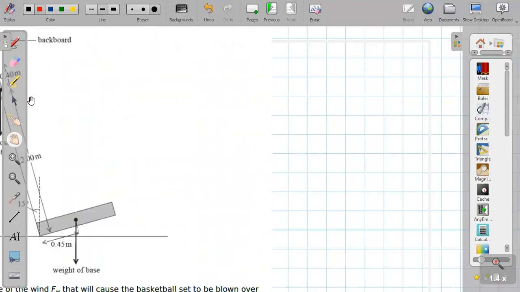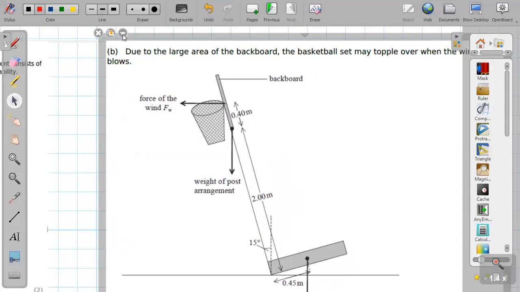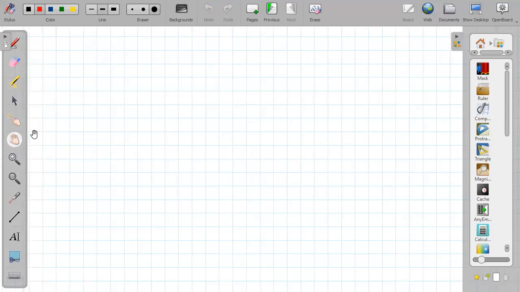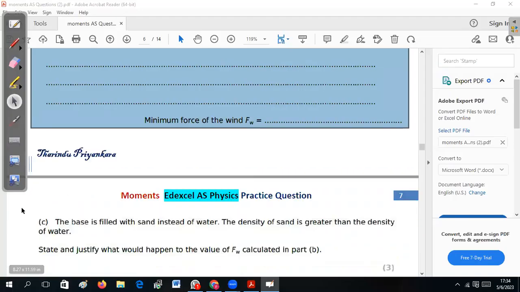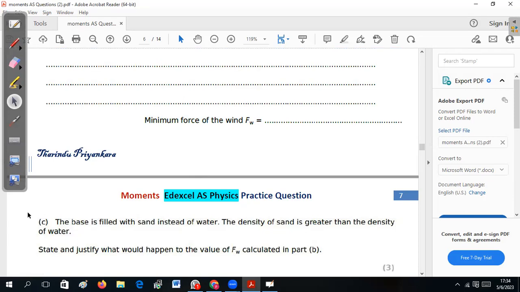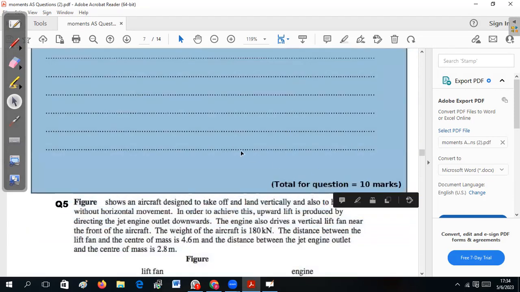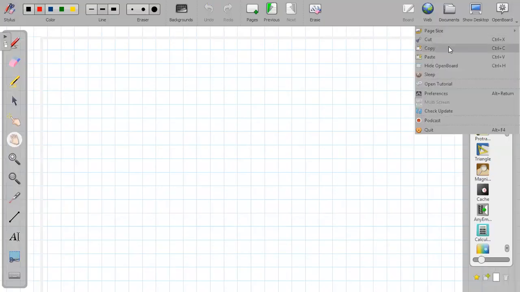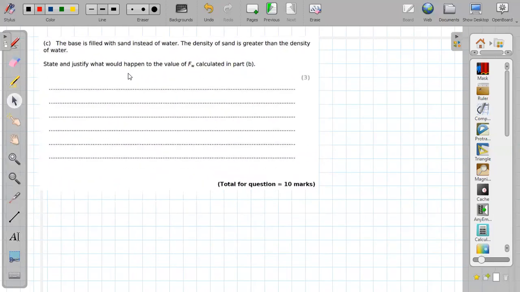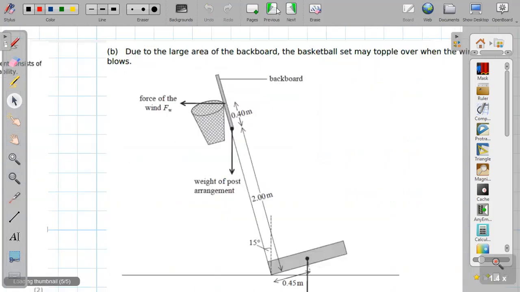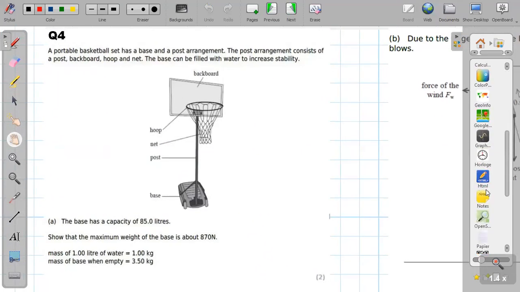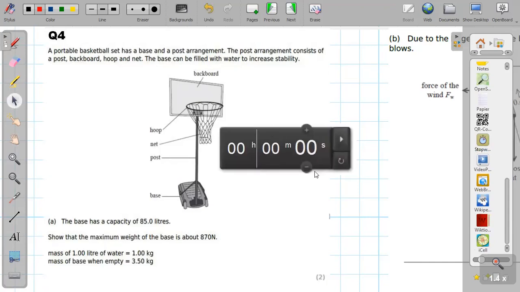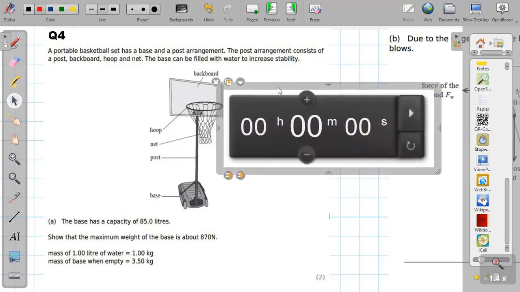I'll give you like 10 minutes for this one, maximum.